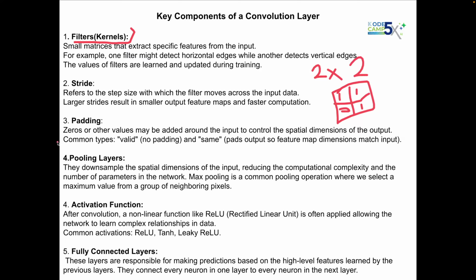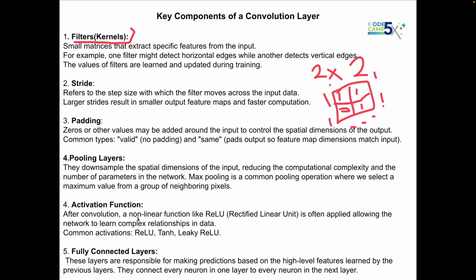I'm going to take all these things one by one in today's session. Stride is the steps in which the filters are applied across the image. And then we have padding. Padding is where we apply things on top of the image, we pad the image. I'm also going to show you everything.